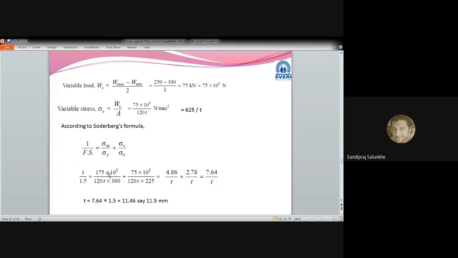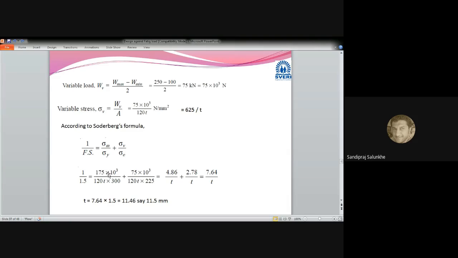Now the value which we are going to get for the variable stress is 75 into 10 raised to 3 divided by 120 T, and we are going to multiply by the endurance limit, that is 225.